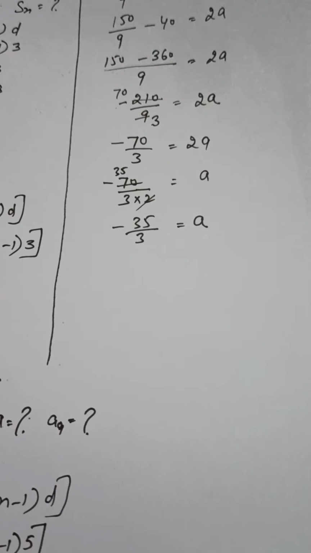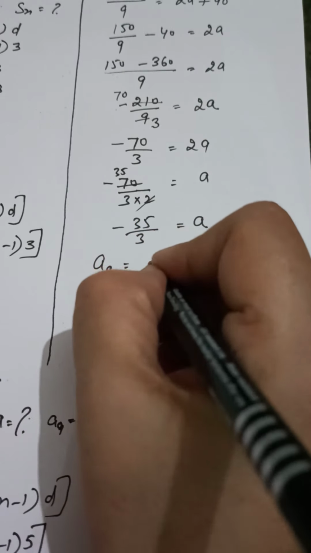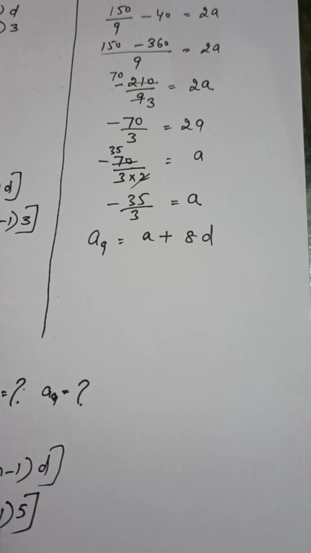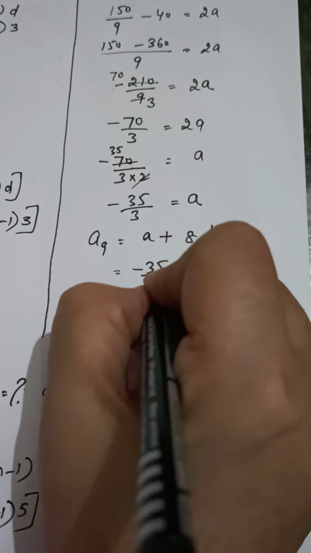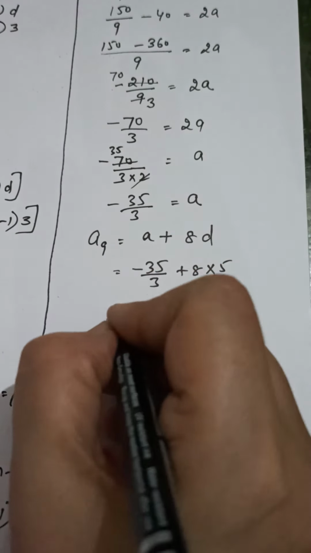Now what do we have to find? Second point, we have to find a9. a9 is equal to a plus 8d. We know this by using the formula an is equal to a plus n minus 1 into d. a is minus 35 by 3 plus 8, and d is 5.